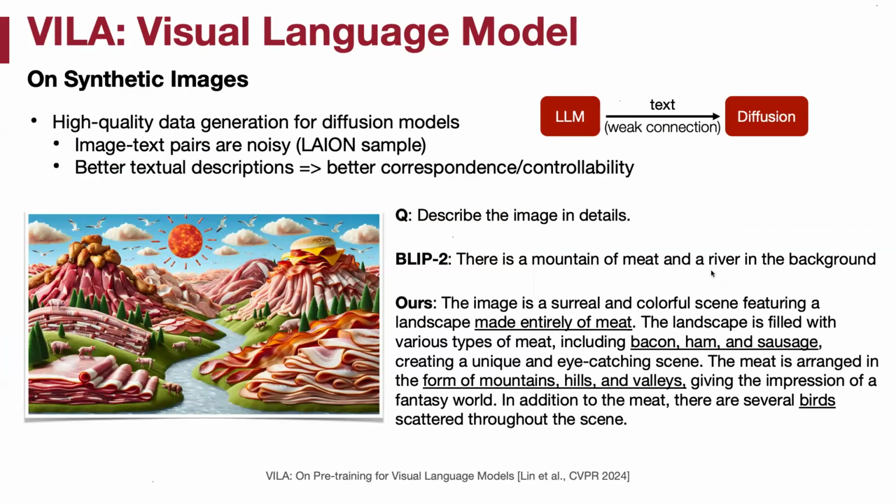Because as humans, we are able to see this is a very funky meat-based image, with a lot of delicious hams with pigs and birds in the sky. It turns out the model is also very robust. It can generalize to these situations and describe it in a highly detailed manner. So that's the takeaway for Vila on synthetic data.